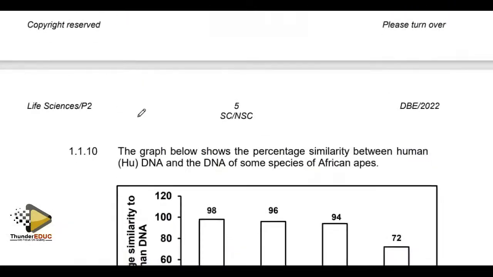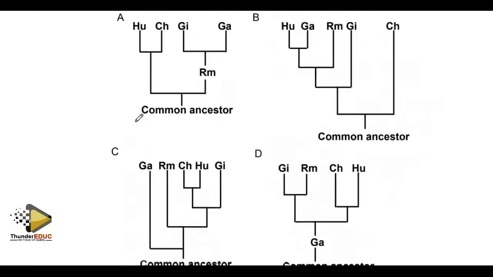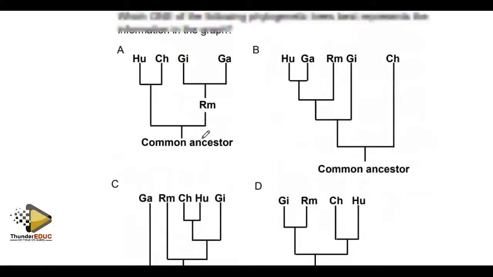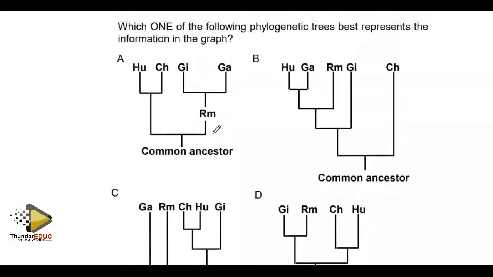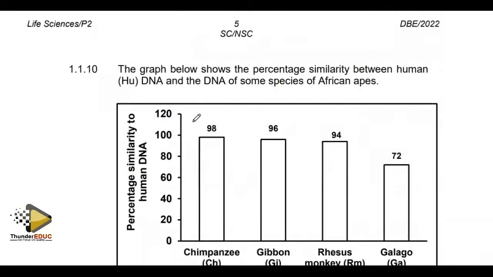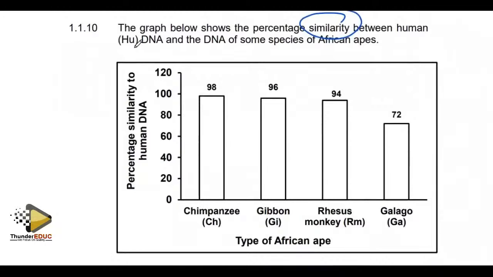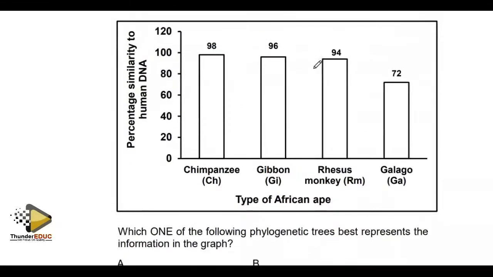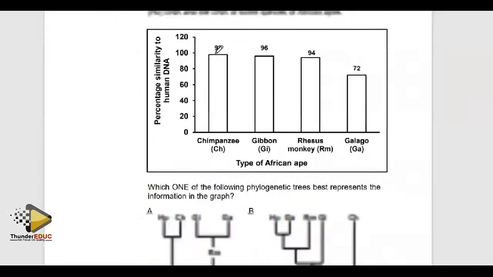And then the last objective is about the graph. It is about the phylogenetic tree. They're saying that the graph below shows the percentage similarities between human DNA and DNA of some species of African apes. So we are not talking about differences. We are talking about similarities. If you look at this, humans and the chimpanzee share 98% of DNA.